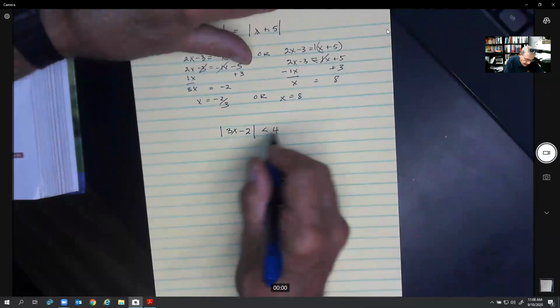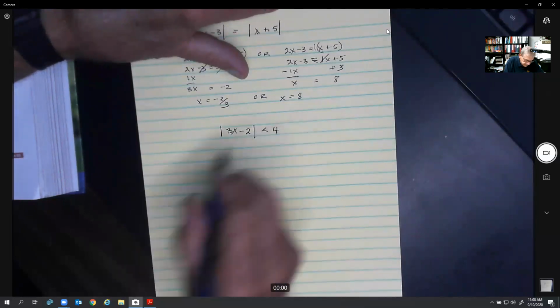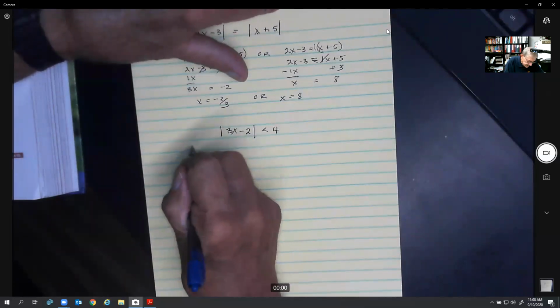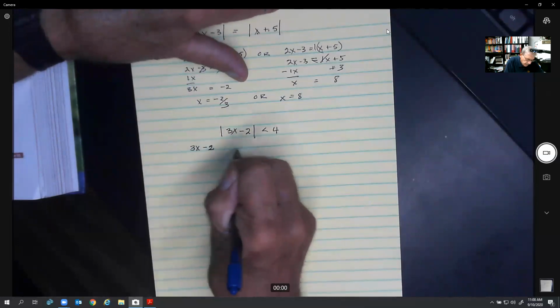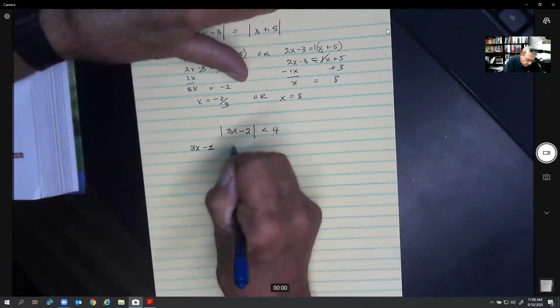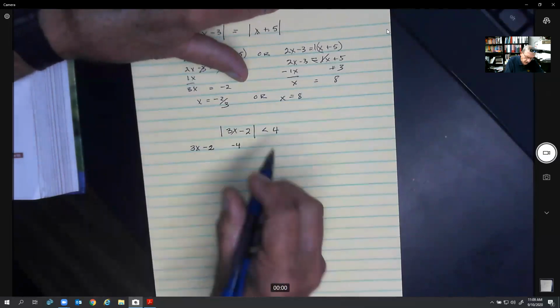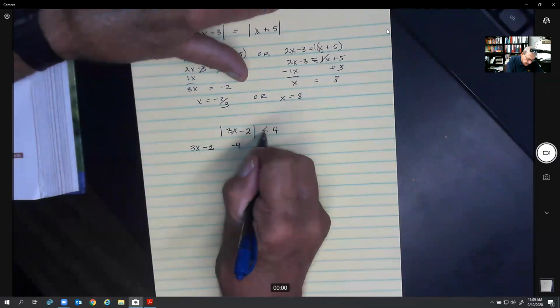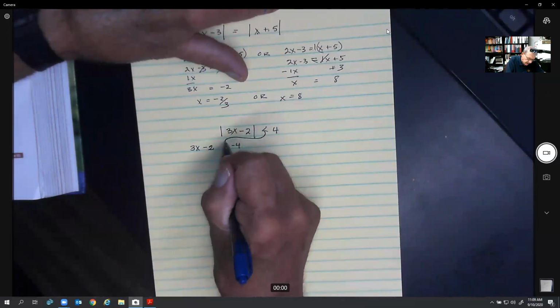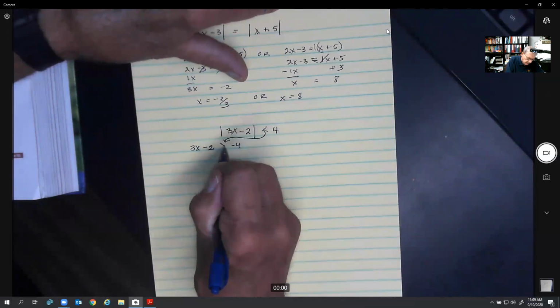We're going to write the positive and negative values. So 3x minus 2. But we're going to write this as a negative 4. But we're also going to switch the inequality. And this is really important. This inequality is going to get switched around to greater than.